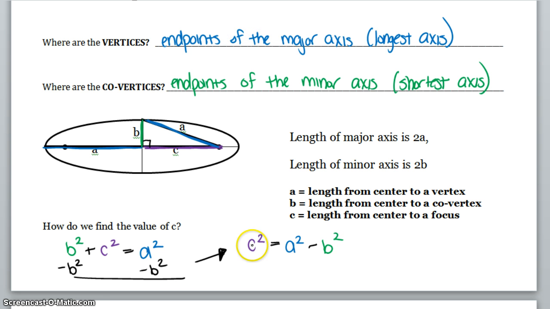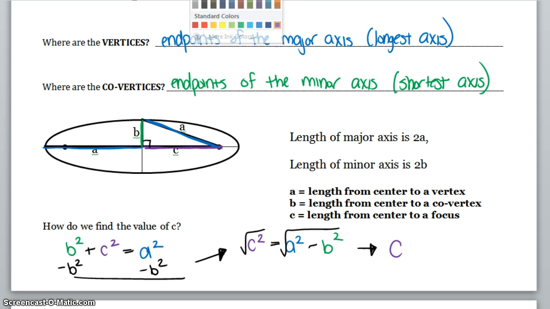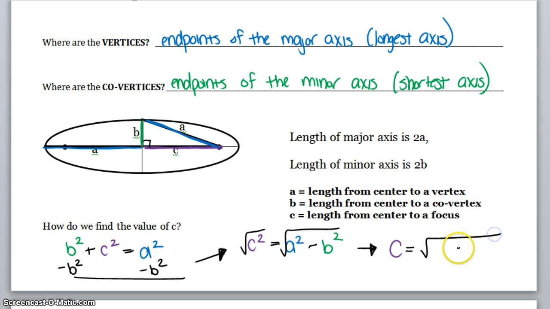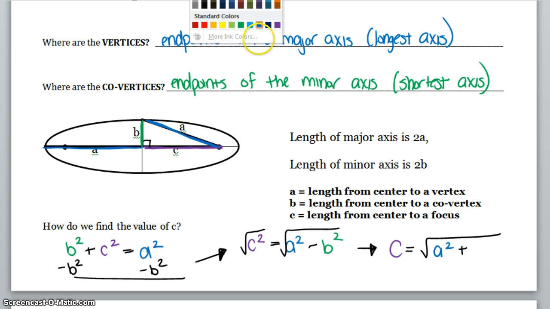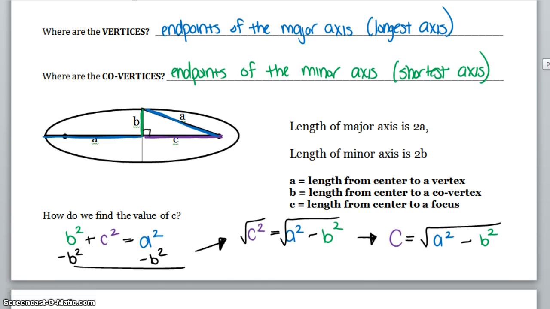Lastly, to get rid of the square, I can square root each side. That's going to give me a final equation of c equals the square root of a squared minus b squared. Sorry, I first said plus, but I meant a squared minus b squared. So let's now go to the next page to do some of our definitions.